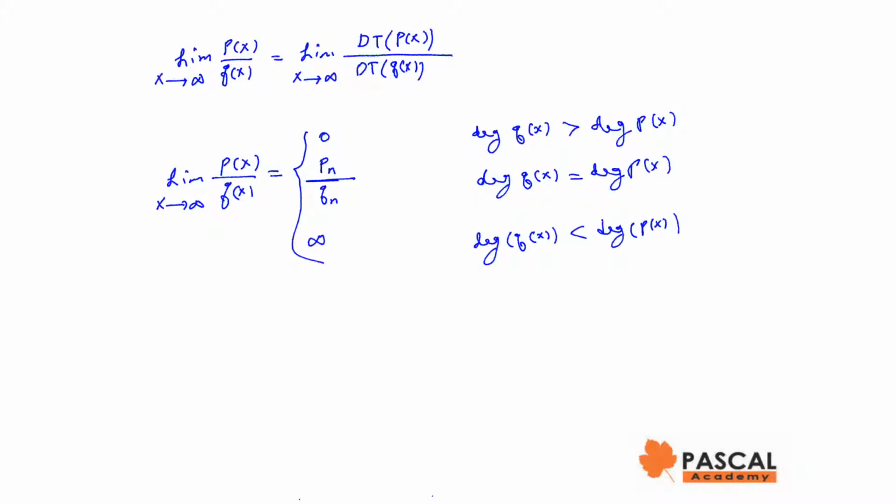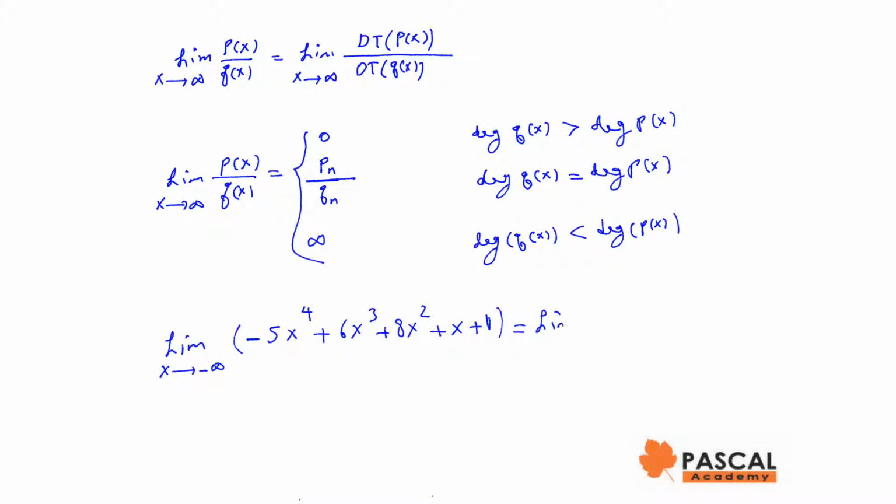Let's have a couple of examples. For example, limit as x approaches negative infinity of negative 5x^4 plus 6x^3 plus 8x^2 plus x plus 1.